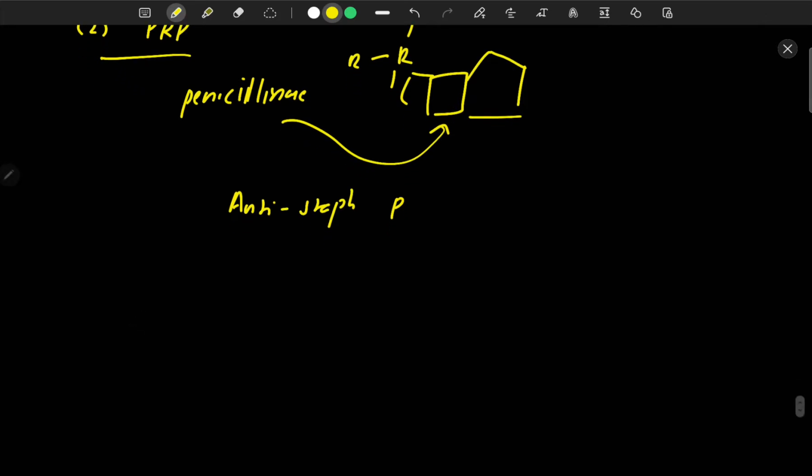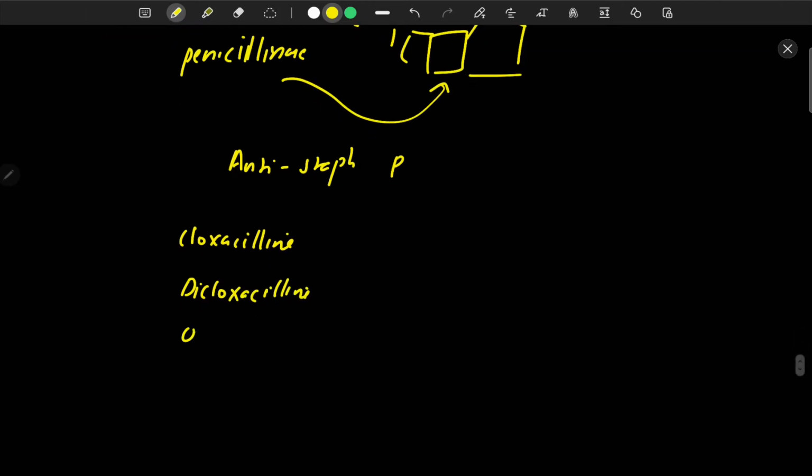This penicillinase resistant penicillin we can give through the oral route, that is cloxacillin, dicloxacillin and oxacillin.